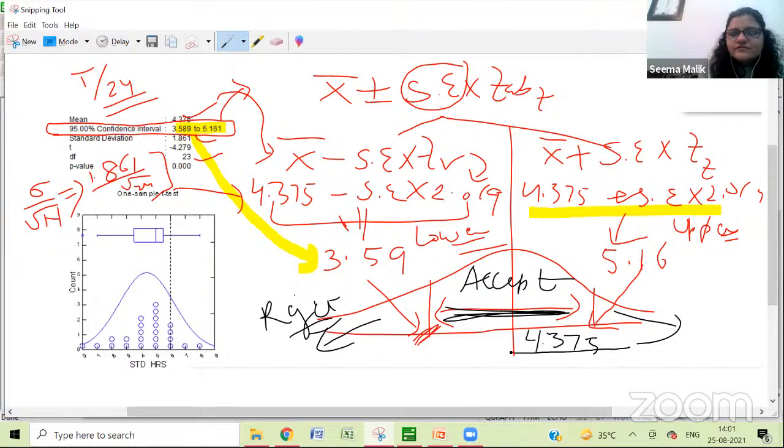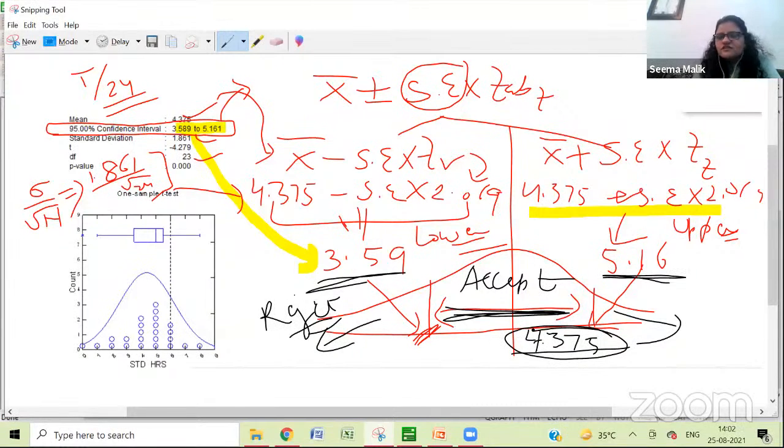These are the confidence limits, 3.59 and 5.16. Our sample mean is 4.375, and what was our test value? That is 6. Our test value is 6.